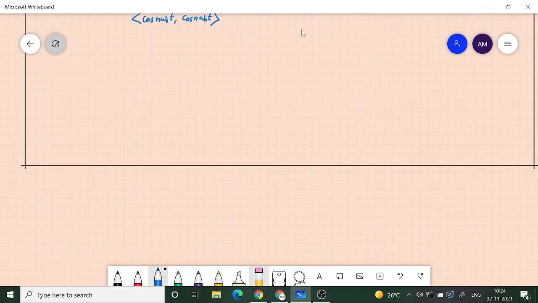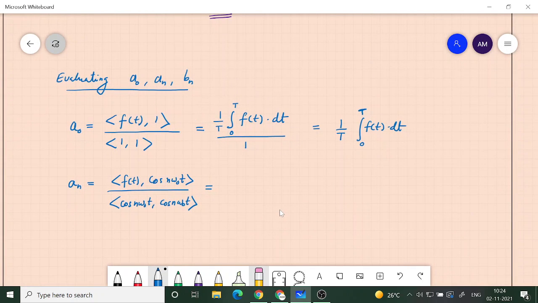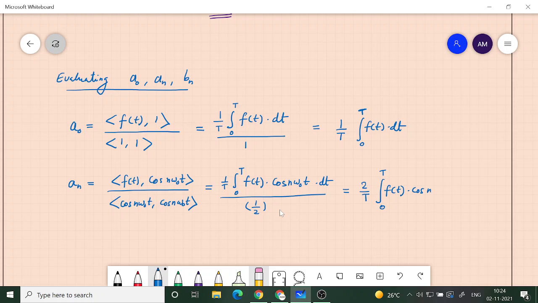Yes, sir. So 1 by T integral 0 to T, first function into the conjugate of the second, cos n omega 0 t dt, divided by half. This is equal to 2 by T integral 0 to T f of t cos n omega 0 t dt. Clear?